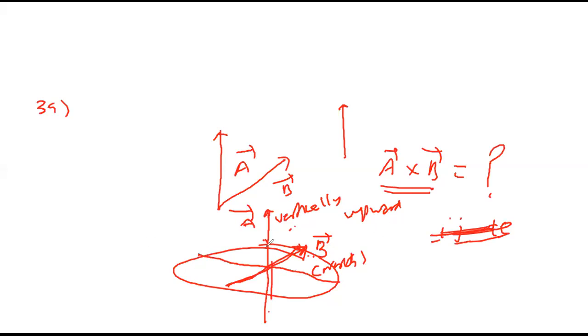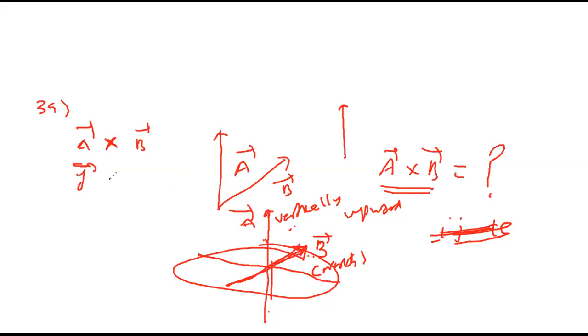Okay, 1 minute. All of you halt. A is vertically upward. Can I take upward as J cap? A bar is along J cap. It's up to you. I have assumed upward as J, the Y axis upward. Cross B. This is inward, na?